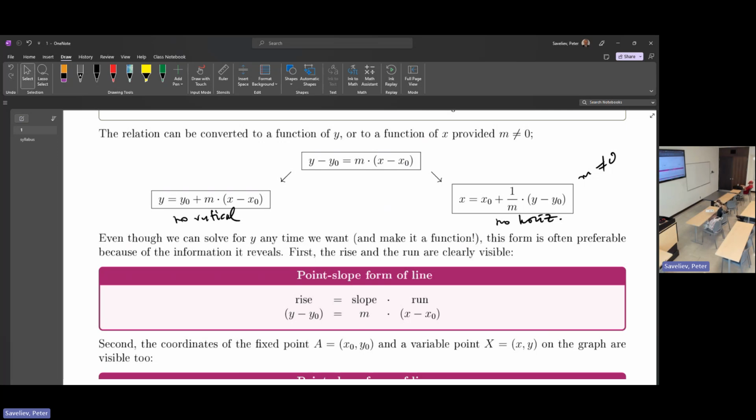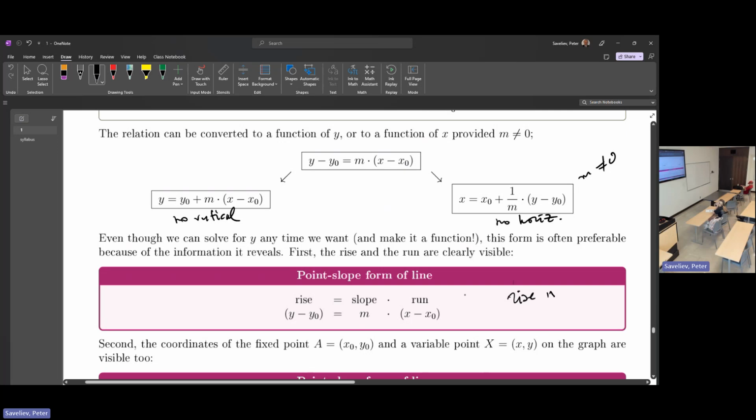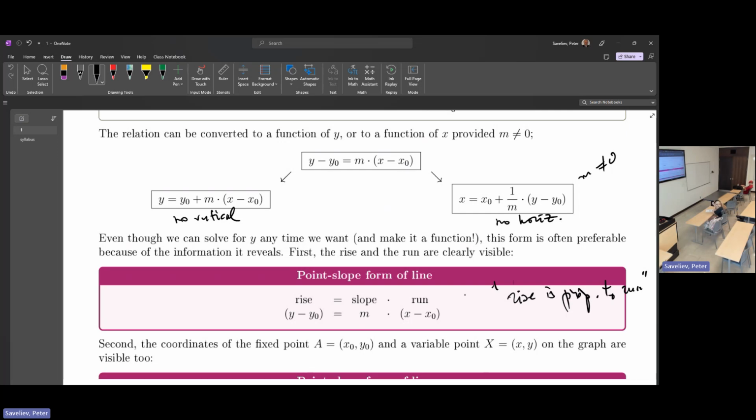So what makes a straight line is that the rise is proportional to the run. That's what makes a line. And then if you care, you find what that proportionality coefficient is, and then you call it the slope. So that's another way how to reconstruct the whole thing.